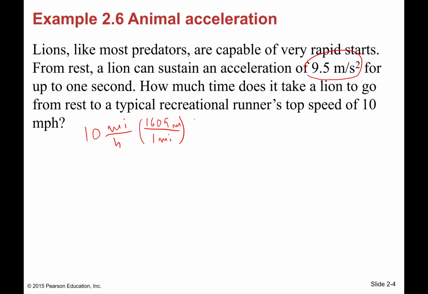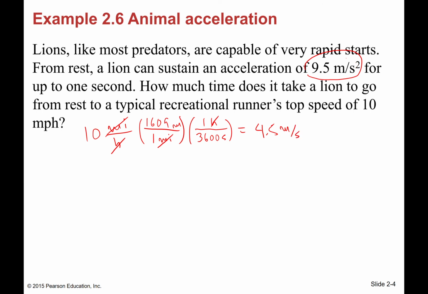And to get rid of the hours, we want to multiply by 1 again. So upstairs we want 1 hour and downstairs we want 3,600 seconds. This is 1. This is 1. Now I can cancel stuff. Miles and miles cancel. Hours and hours cancel. The seconds stay. And if I do this math, I find that this is 4.5 meters per second.